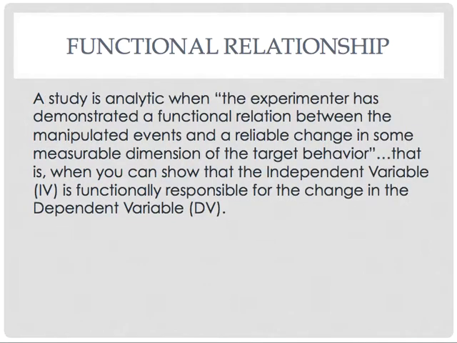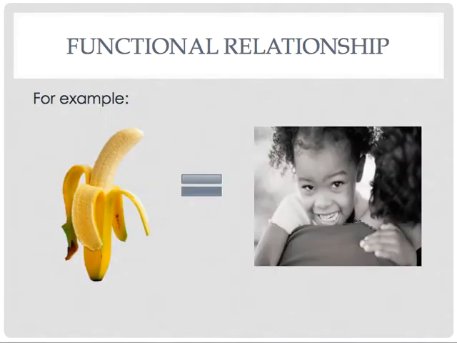A study is analytic when the experimenter has demonstrated a functional relation between the manipulated events and a reliable change in some measurable dimension of the target behavior. That is, when you can show that the independent variable is functionally responsible for the change in the dependent variable, you can say that you have a functional relationship.